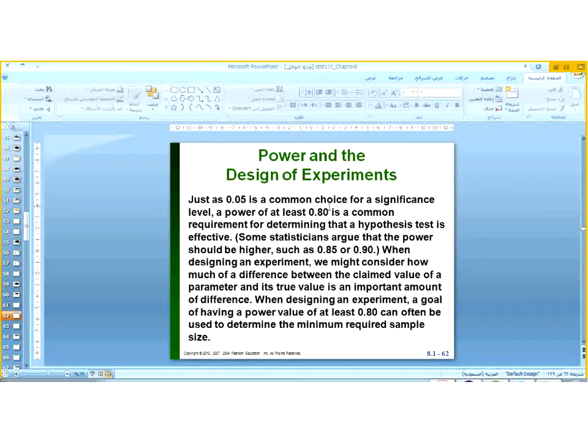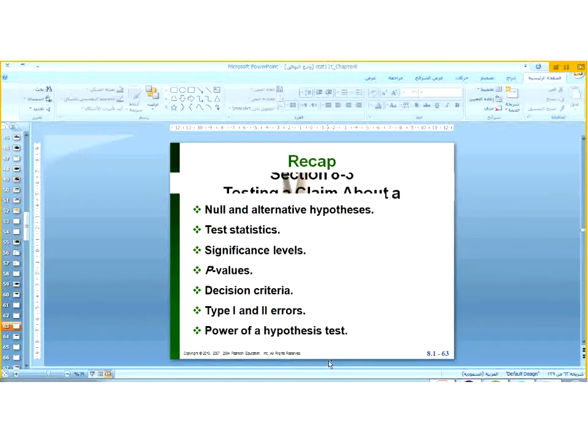Usually I will use 0.8. مرات يقول لك 0.8 هذه ما تكفي. 0.85 or 0.9 will be much better when designing an experiment. And usually it can be used to determine the minimum required sample size.